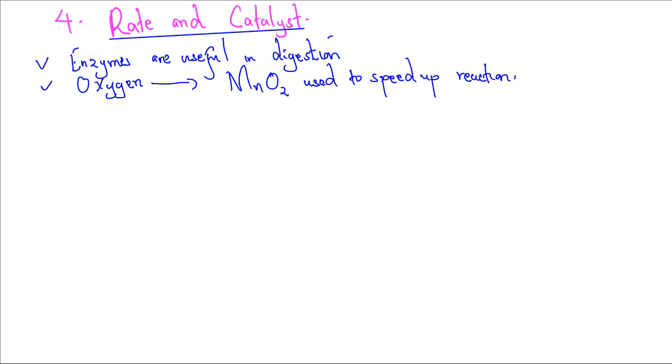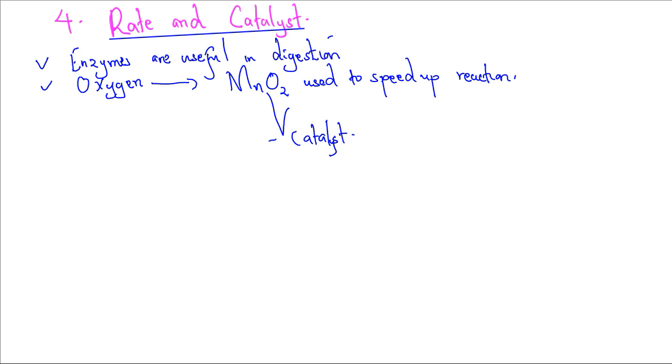This manganese 4 oxide in this second scenario is known as a catalyst. In the first scenario, enzymes are also referred to as catalysts.